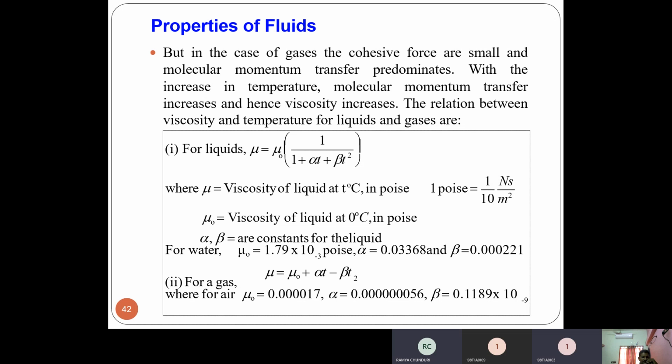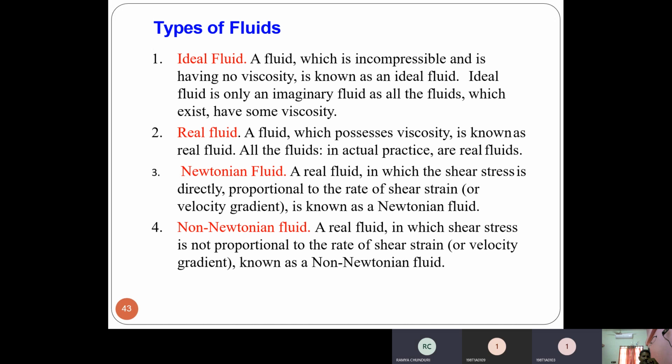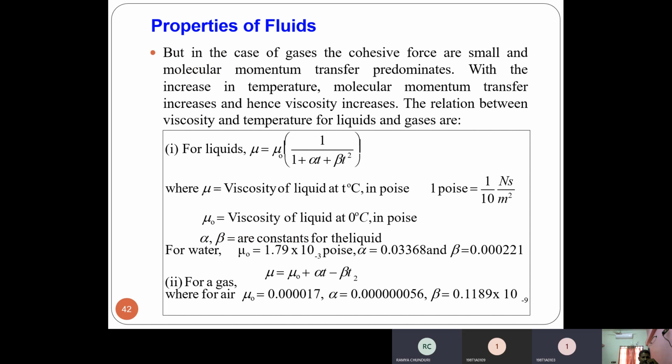Viscosity can be expressed in Newton second per meter square or poise. One poise is equal to 1 by 10 Newton second per meter square, or 0.1 Newton second per meter square. Mu naught is the viscosity of the liquid at 0 degree centigrade, also in poise, where alpha and beta are constants.